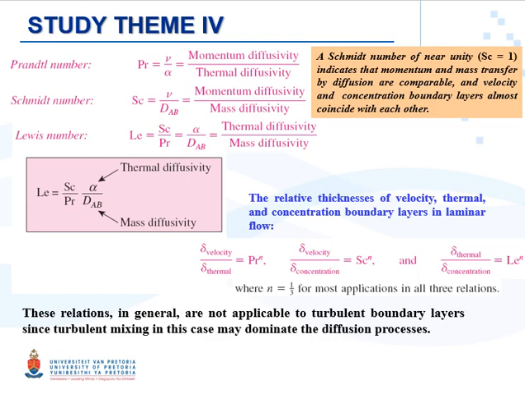So the Lewis number is basically the Schmidt number divided by Prandtl, or alpha, which is thermal diffusivity, divided by D_AB, the diffusivity coefficient.